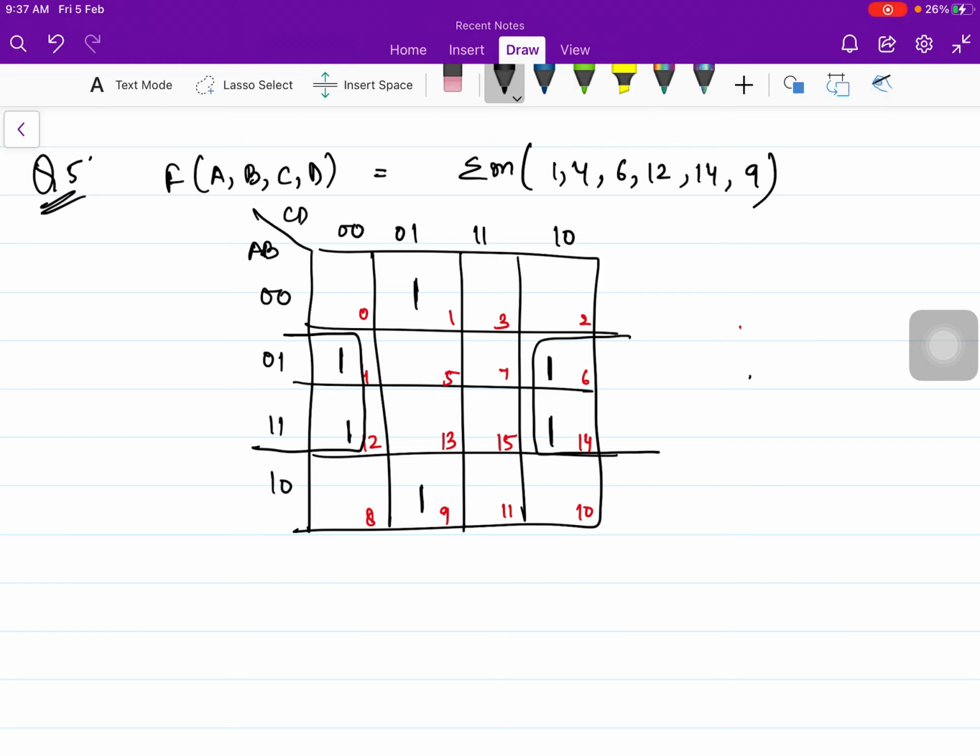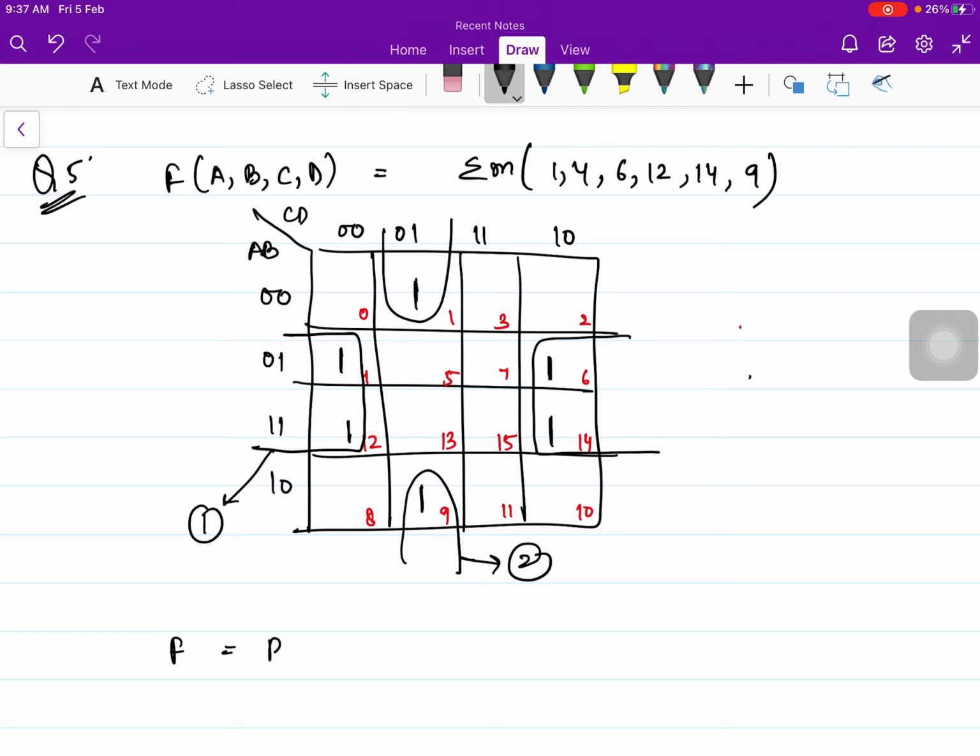Now, is it possible to make a group of 4 for the blocks 1 and 9? No. So the only thing left is a group of 2. This is the first group, this is the second group.